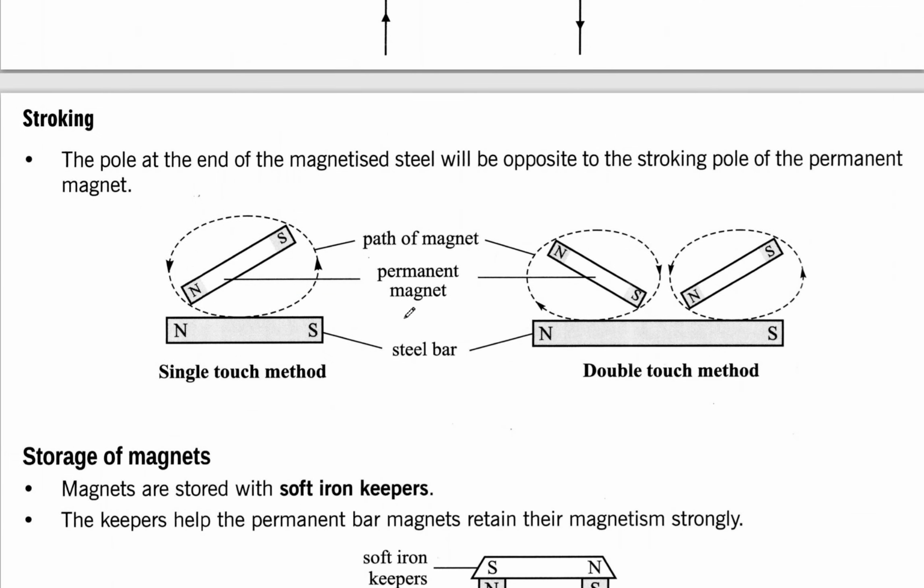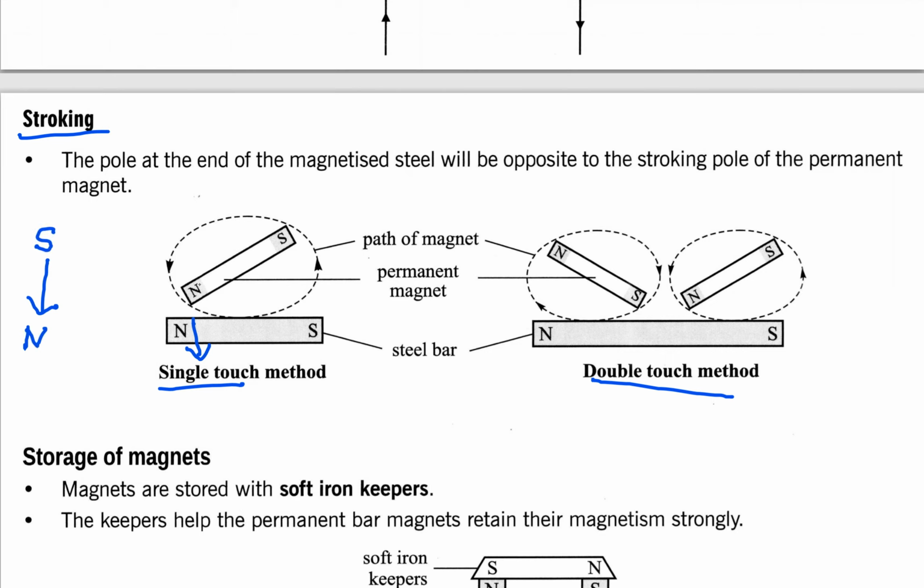Second method of magnetization, stroking method. There's a single touch method and a double touch method, but the principle is the same. The North Pole of the stroking magnet attracts the South Pole of the domain. We can use an arrow to represent the domain, with the arrowhead representing the North Pole and the other end representing the South Pole.